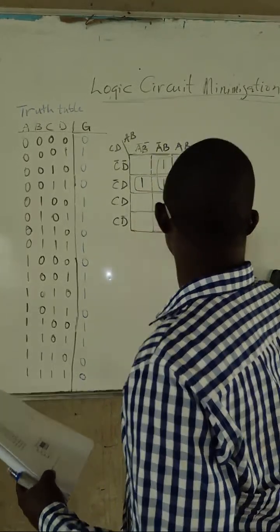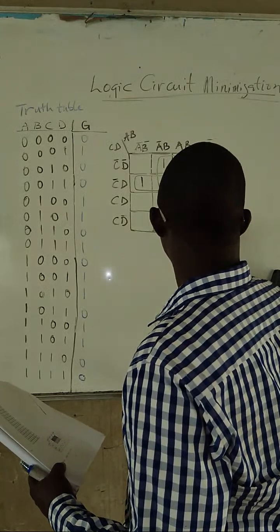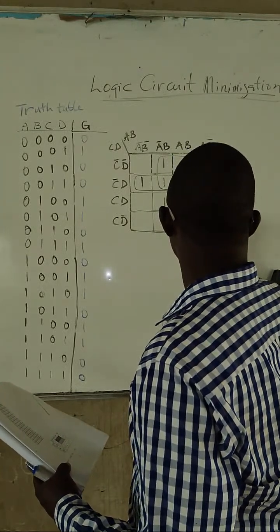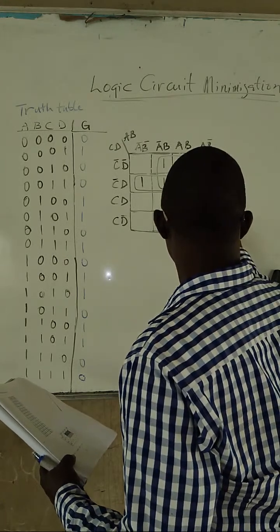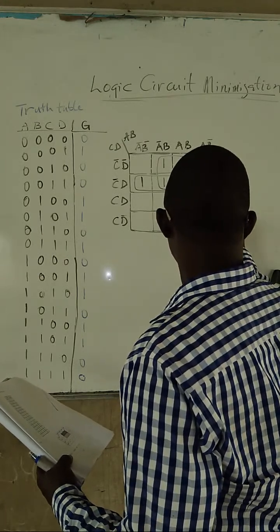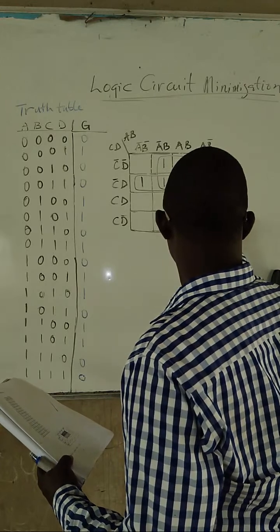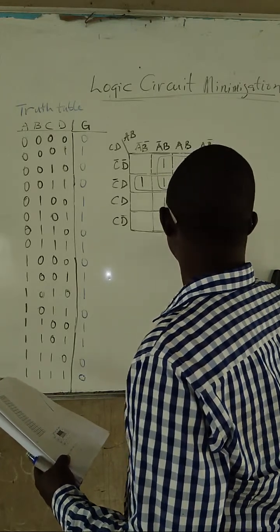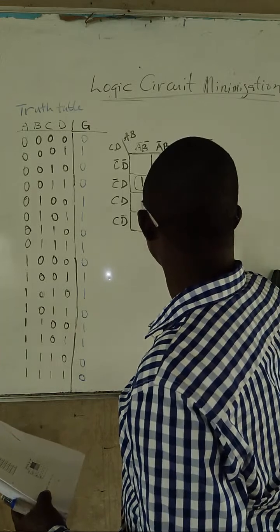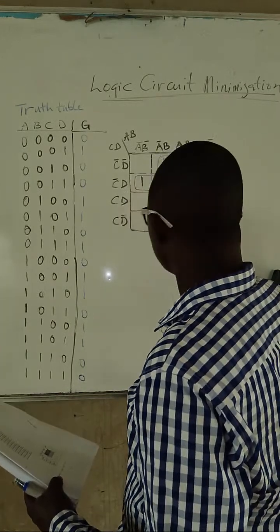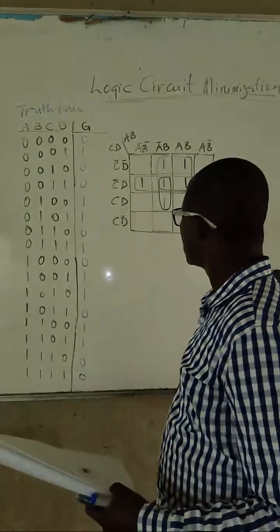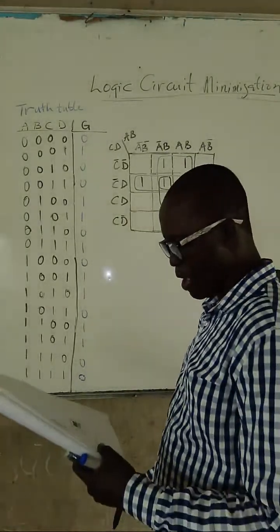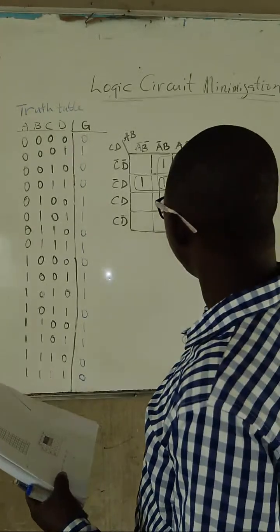There's no other one close to it, so we map it all alone by itself. Then this one also, we have to map it together with the next one sitting close to it. So we have 4 maps. So we need to write out these 4 maps.